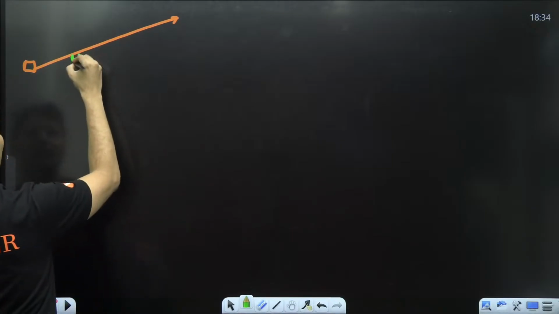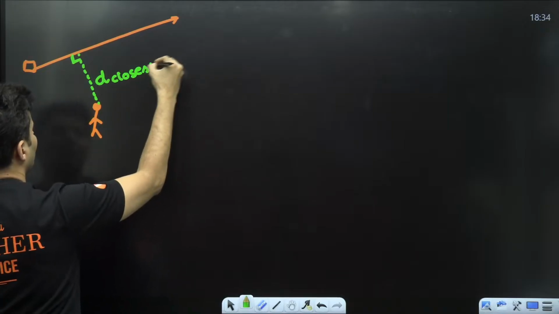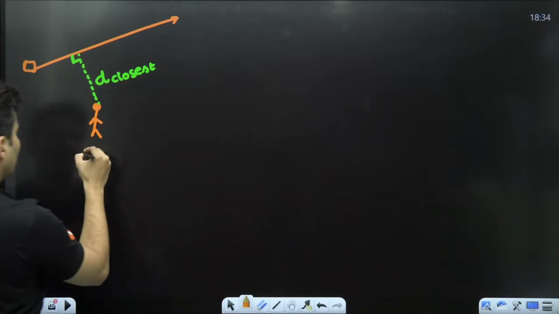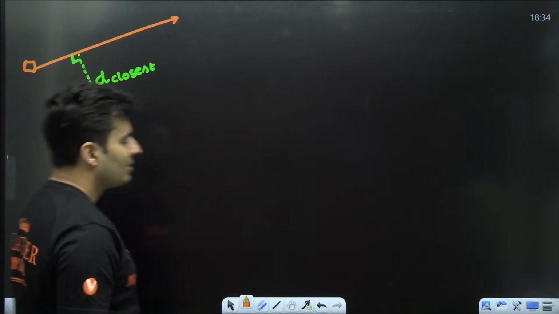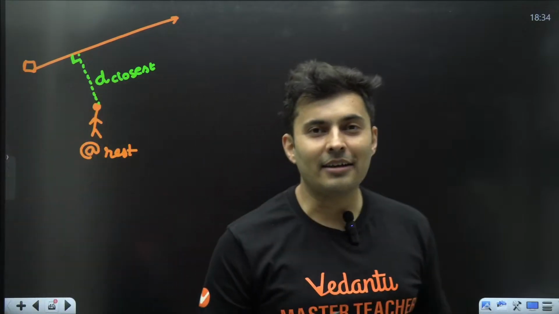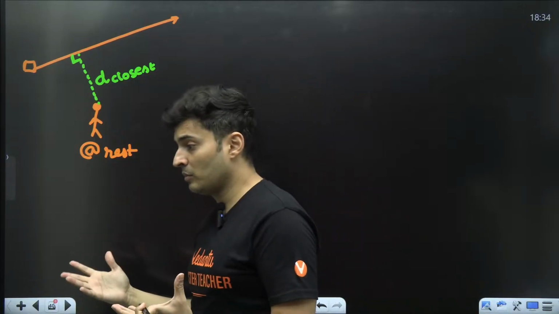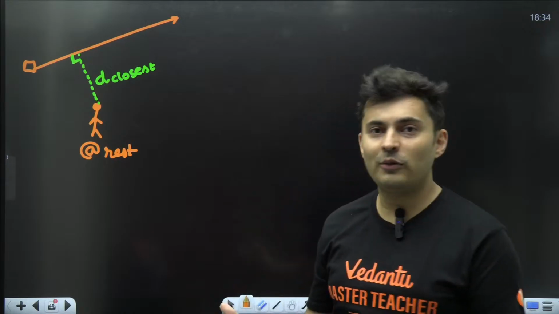This is the closest approach. And this happens only because this particular Pandu is at rest. If Pandu also was moving, and the bus was moving, then how do you find it?